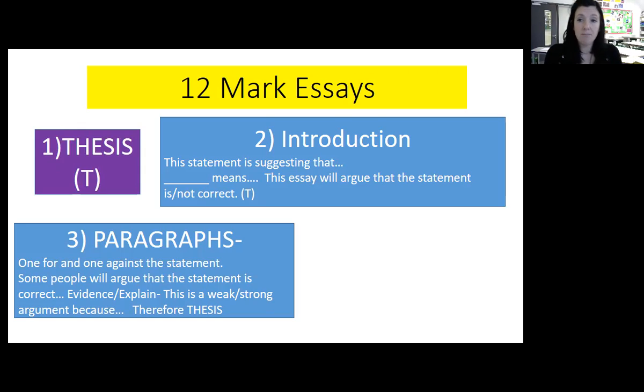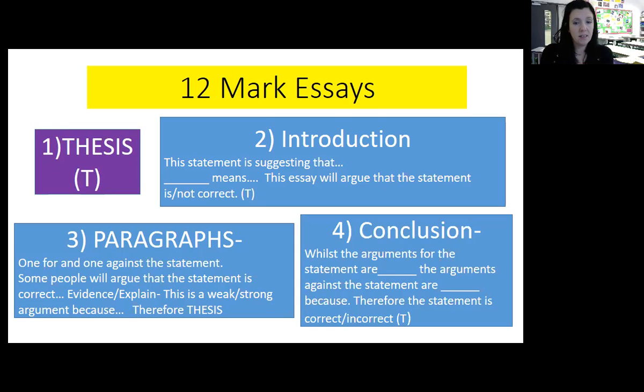And then finally, I've done my introduction, I've done my paragraph 1, my paragraph 2, and in them I've ended on my thesis. I write my conclusion, which really is just summing up what I've said. I've already done the evaluation. I've already said the strengths and weaknesses and how it fits in my thesis. So my conclusion doesn't have to be very long. Of course, you can add to this when you're writing your essays if you like.